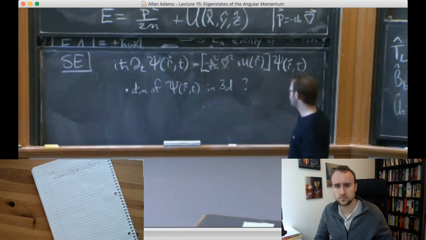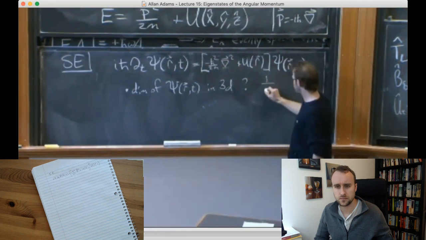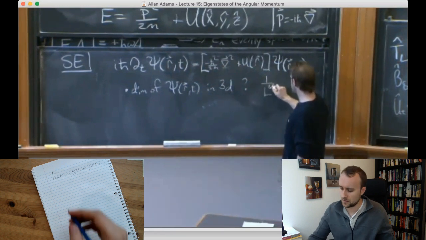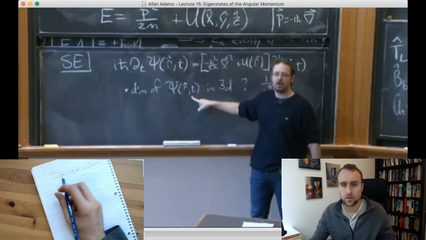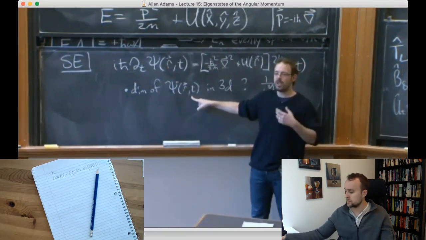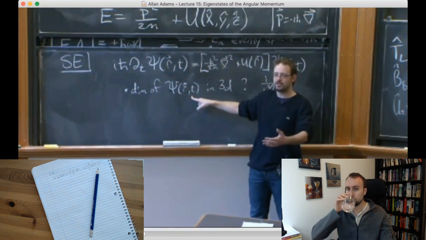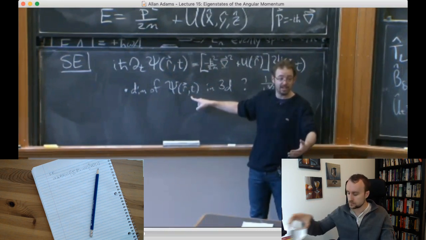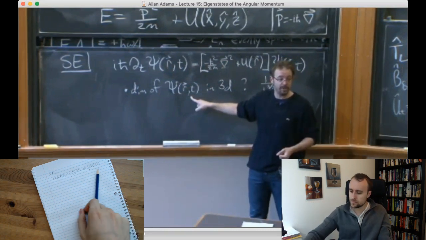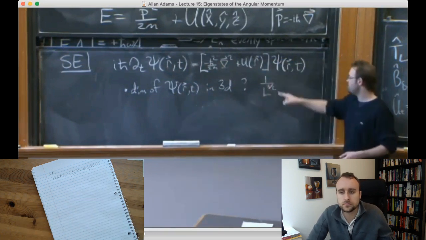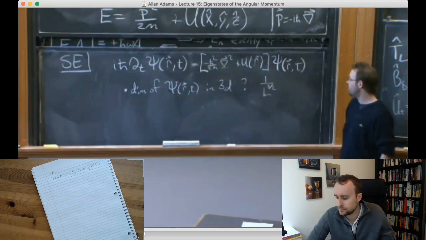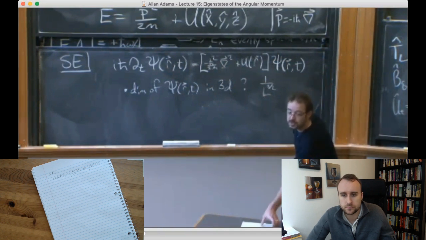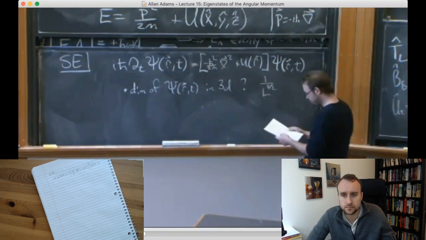Yeah, 1 over length to the 3/2. The reason is that this norm squared gives us a probability density, something that when we integrate over all positions in a region, ∫d³x, gives us a probability. So its dimension must be 1 over L to the 3/2, just the cube of what it was in 1D.